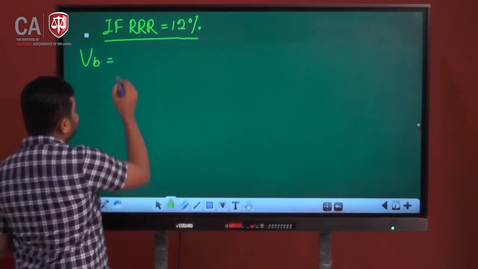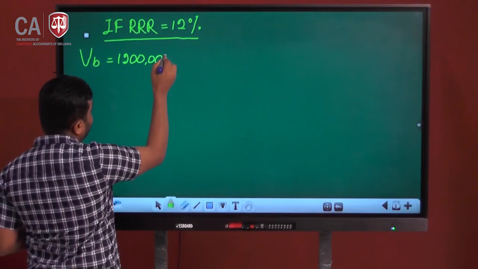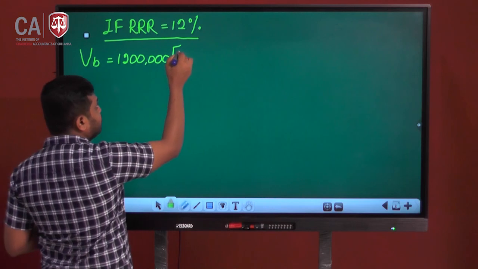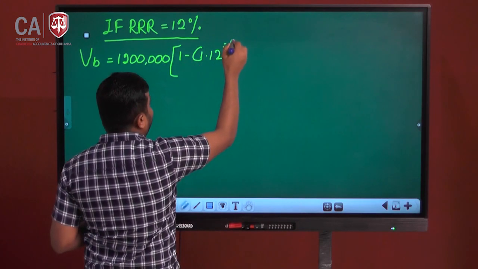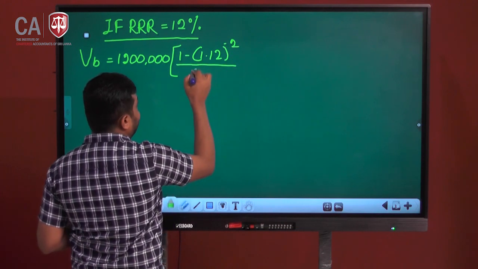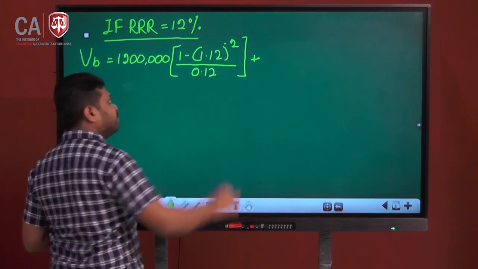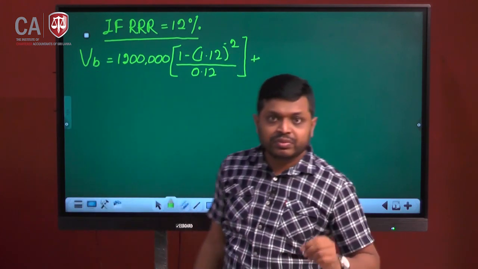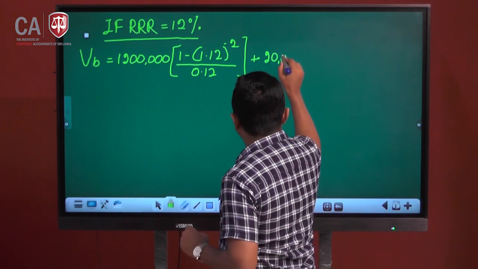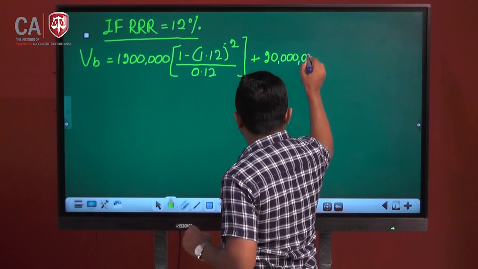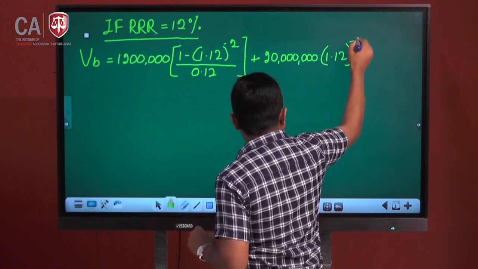You will collect 1.2 million each year: 1.2 million times (1 minus 1.12 to the power minus 2) divided by 0.12, only for 2 years remaining, plus at the end you will collect 20 million times 1.12 to the power minus 2.